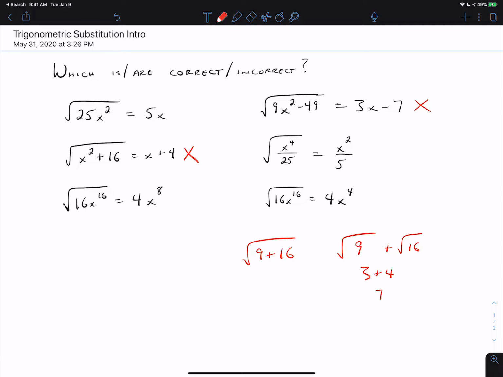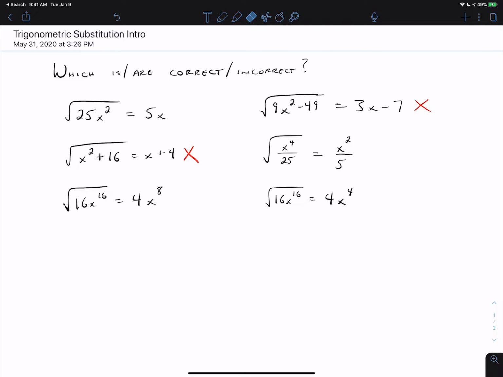But the square root of 9 plus 16 is the square root of 25, which is 5. This has to be correct, so that's incorrect. You can show similarly that you cannot do this for subtraction.